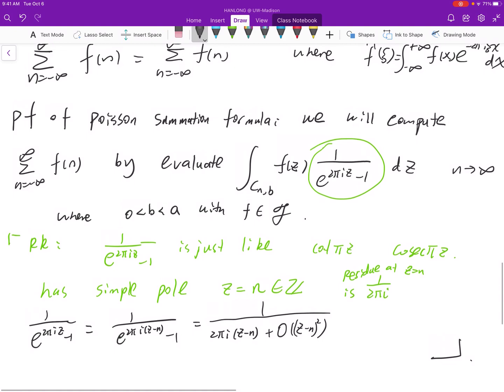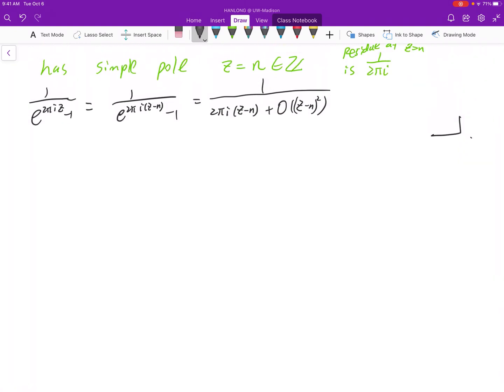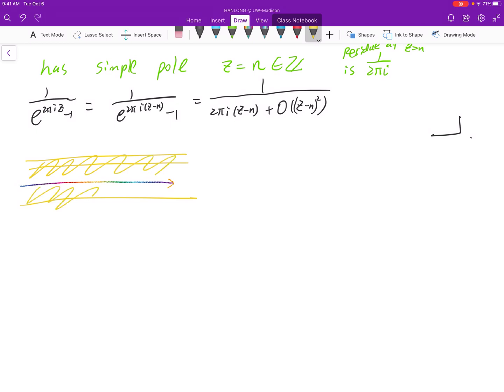And here, let's fix the notation for the contour. So this is a domain, and the contour is a rectangle, which consists of 4 parts.